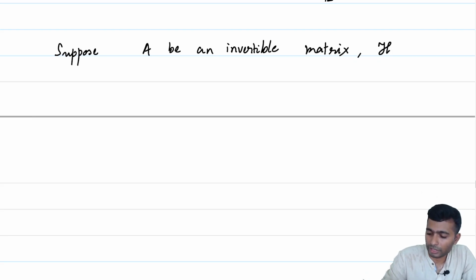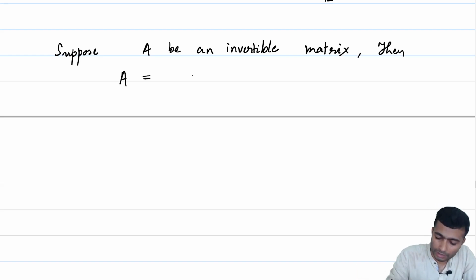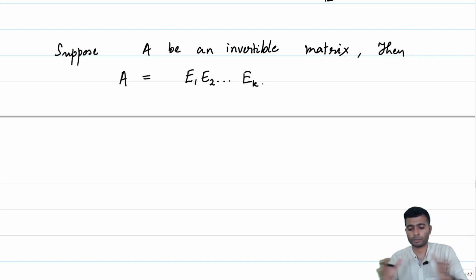Then by what we just proved, A can be written as E1, E2 up to say Ek. It is a product of elementary matrices. I keep making this mistake, but elementary matrices is what I mean.